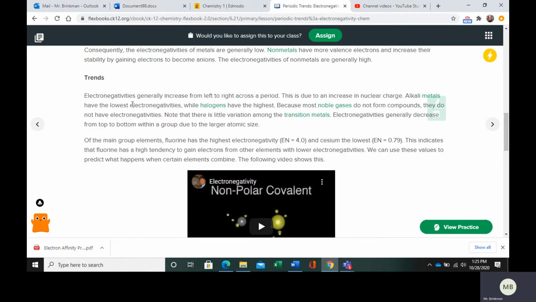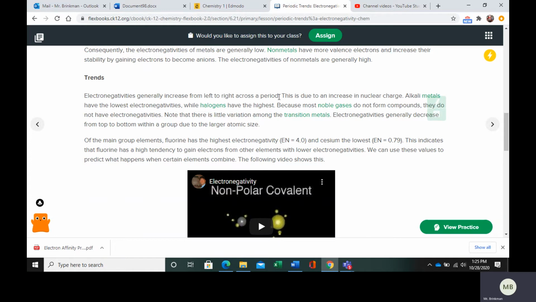So the trend of electronegativities: they generally increase from left to right across a period, and then they decrease from top to bottom, moving down a group.